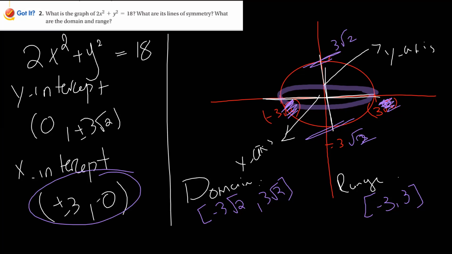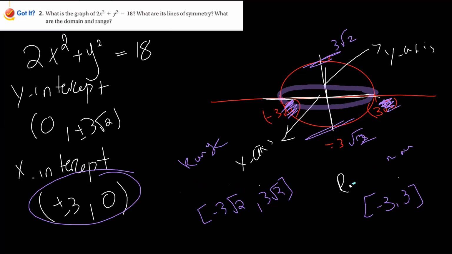So because of that, here we have the range, and here we have the domain. Is it clear now? Yes. Okay. So this is my range, and this will be my domain.